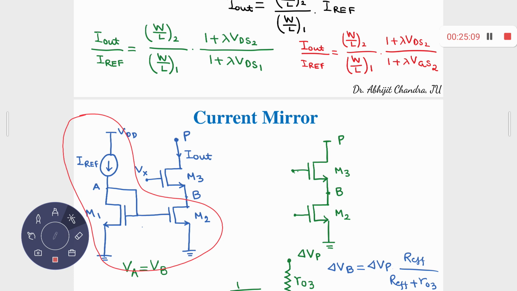What is the use of cascode? Just tell me one of the properties of cascode. What about the output impedance for cascode? For cascode, the output impedance is very large. What does it mean? Here you don't go for amplification.